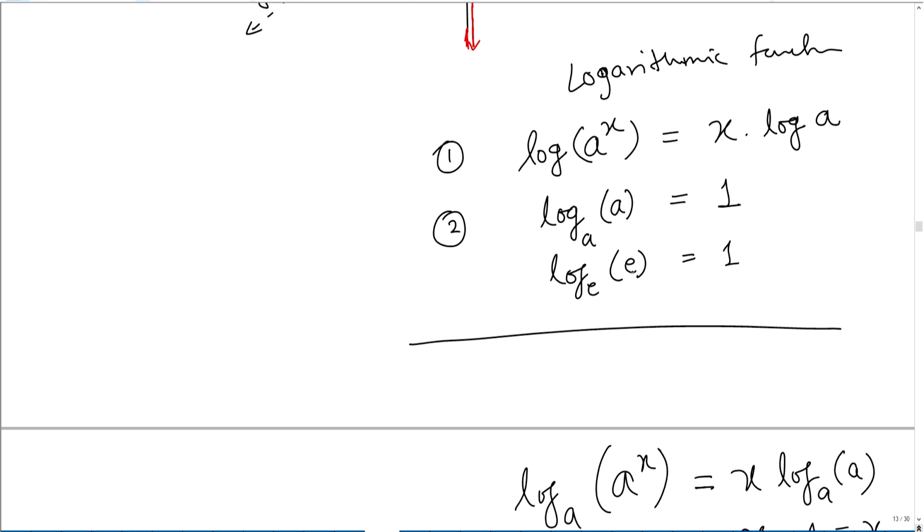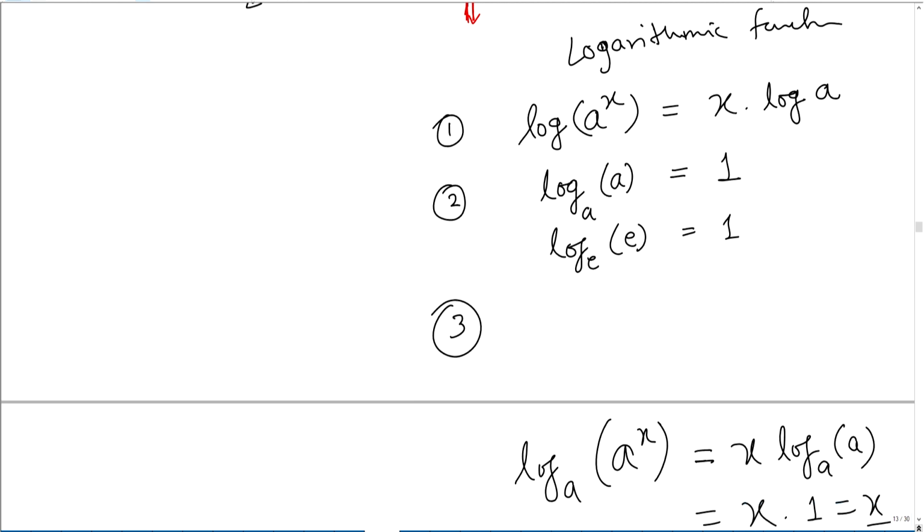I think this would be enough to derive the inverse function.